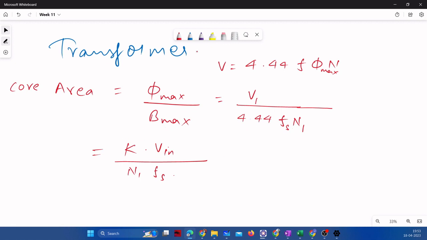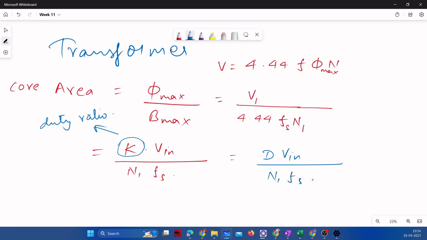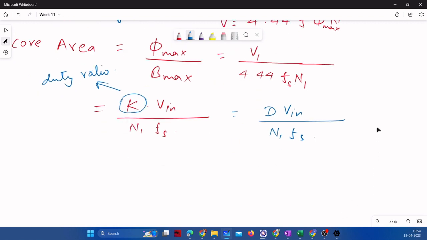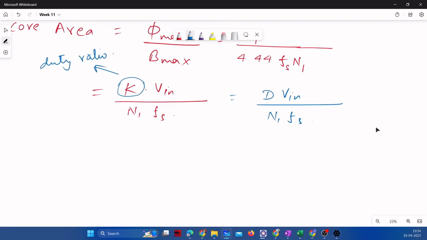So K is nothing but the duty ratio. If you have a certain duty ratio provided, it will be D into V in divided by N1 into Fs. So that's how you can go for the transformer in a forward converter.